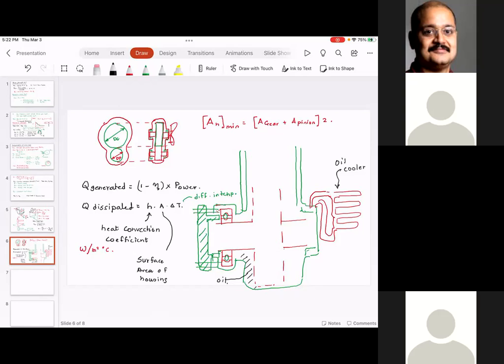That oil gets cooled and is fed back. If the transmission is sealed, in that case, they make sure that the area available for the dissipation of heat is sufficient for the oil to maintain its properties. So these are all the steps in gear design.